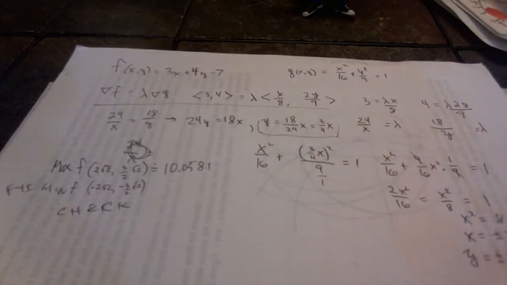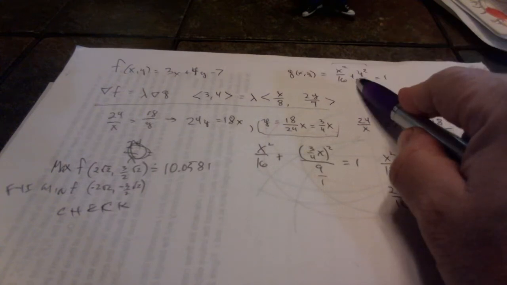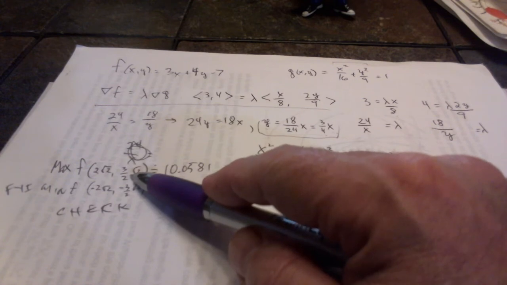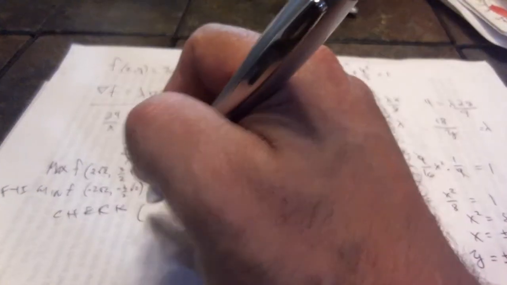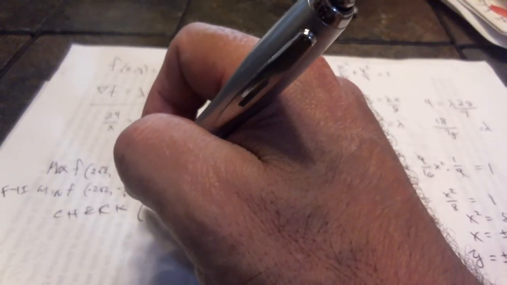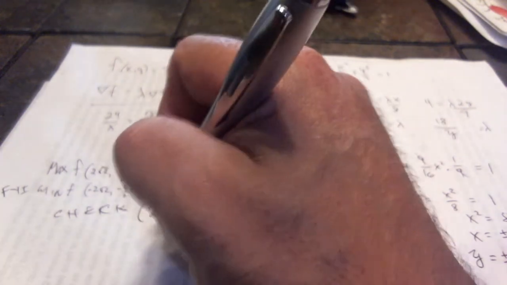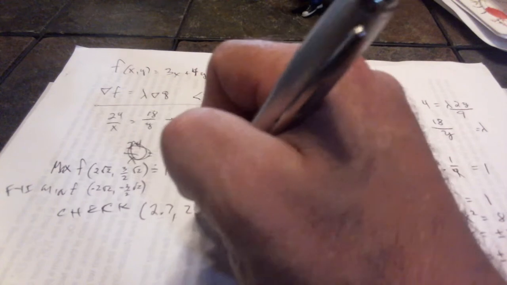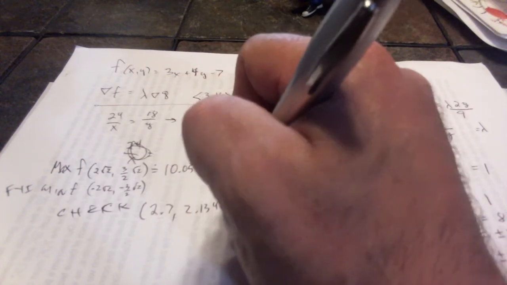Now, my check. I love doing a check. That means I need an ordered pair that's on this ellipse and is kind of close to that point. Well, I did the decimal approximations, and I got a point, 2.7 for the x, and for the y, I got 2.1345.